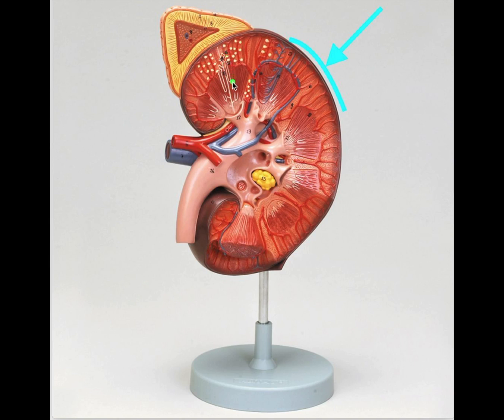Here's a nephron loop, the convoluted tubules, a collecting duct, and what else can we see on this model? So these veins coming back in, those are interlobar veins. Remember, because we don't have segmental veins like we do the arteries. So these are the interlobar veins.